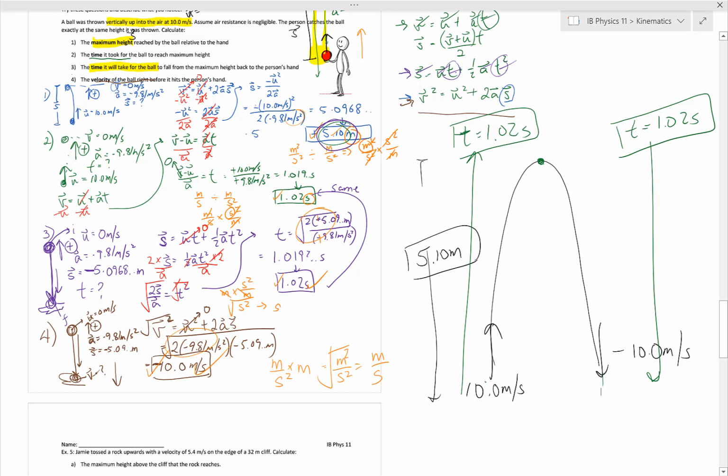Now, why does all this happen? Well, first of all, the ball travels the same displacement as it's moving up and as it is moving down. That same distance is going to produce a certain amount of time that it will take the object to go to its maximum height.